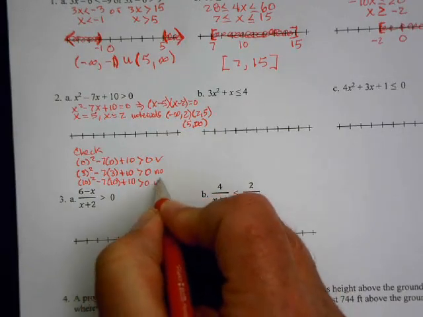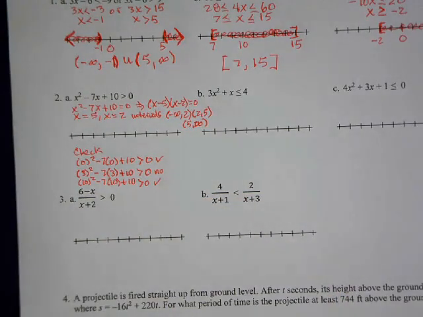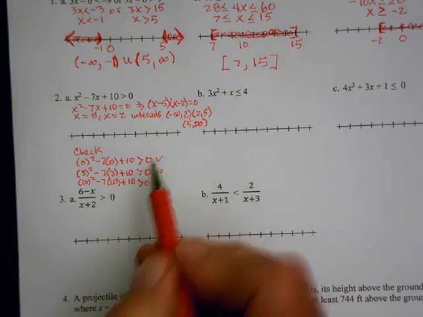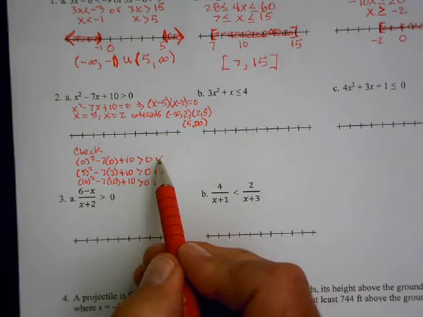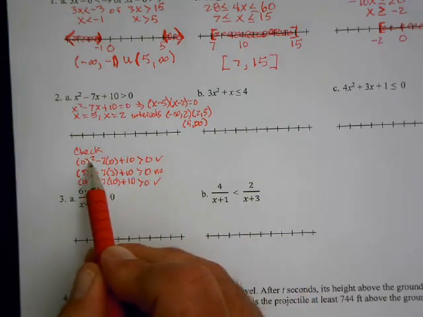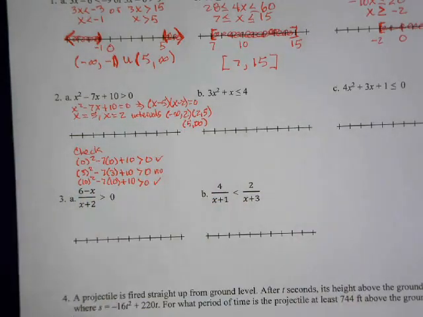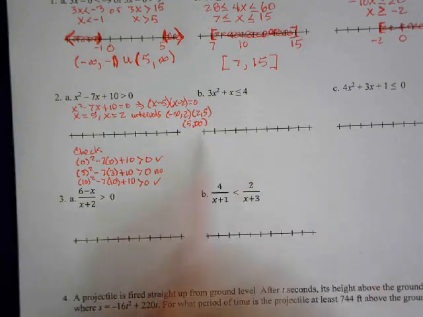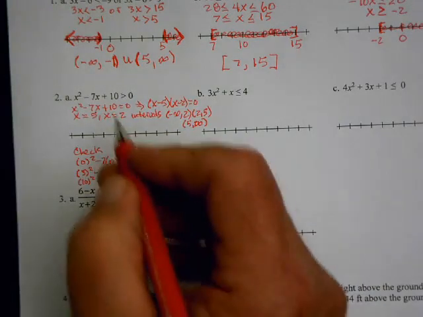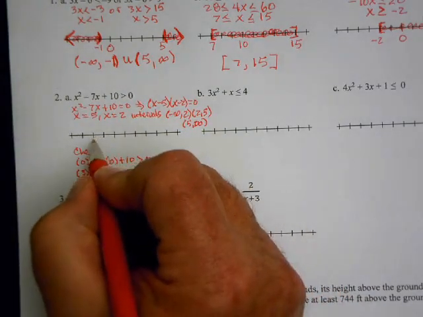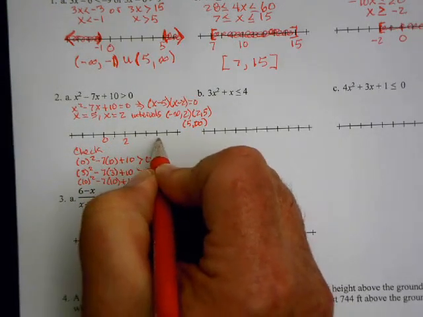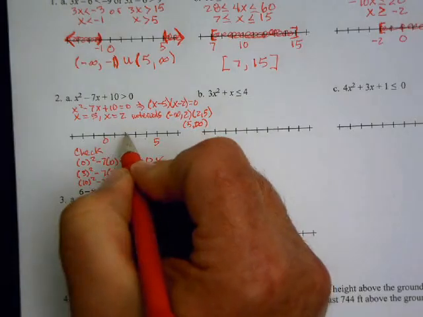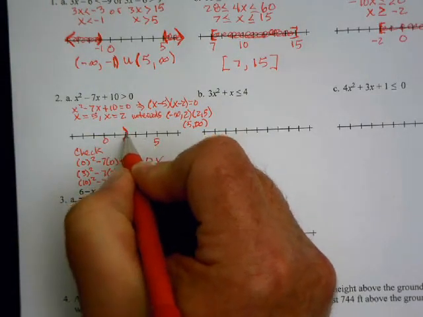So that means the parts that I'm going to shade, if you will, or outline, have to be for the interval that's negative infinity to 2, and the interval that's 5 to infinity. So again, let's pick a 0. Say this is 0. So 1, 2, 3, 4, 5. So one parenthesis here, one parenthesis there.